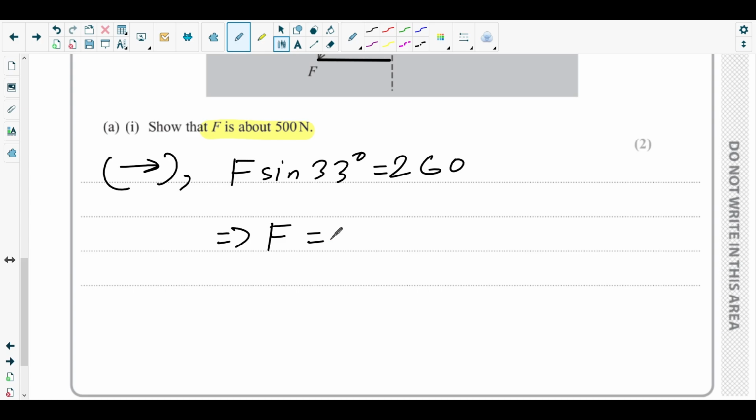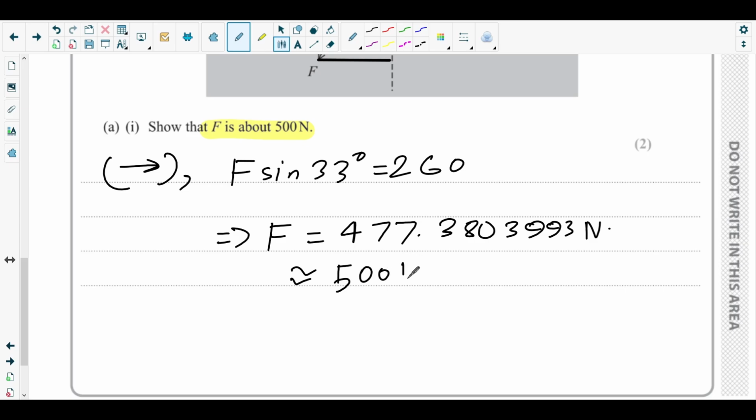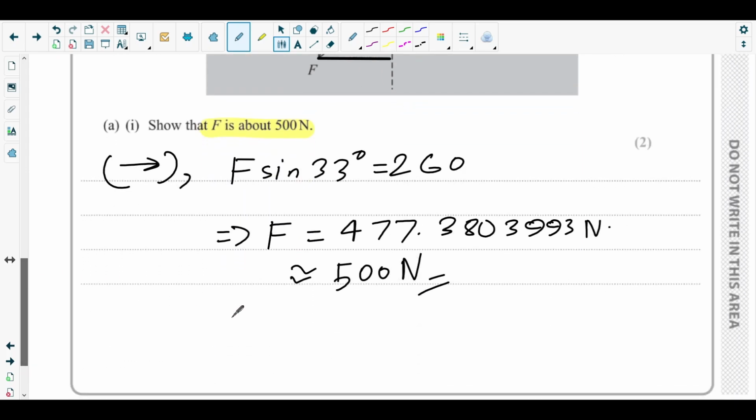Keep in mind your calculator should be in degree mode. That gives 477.380 Newton, which can be rounded to 500 Newton. That's what part A1 has asked for.